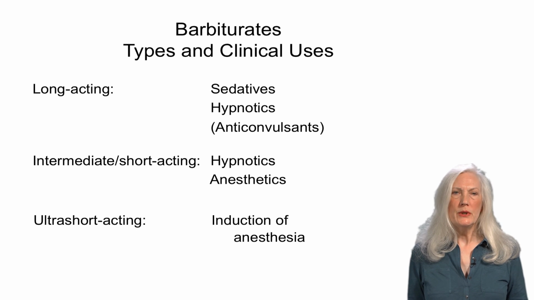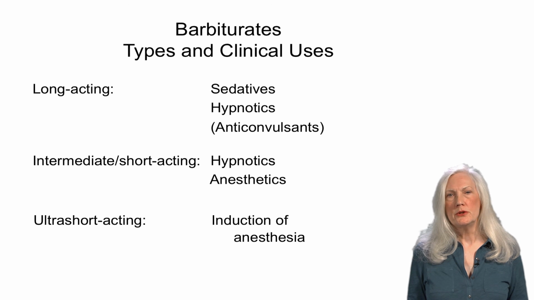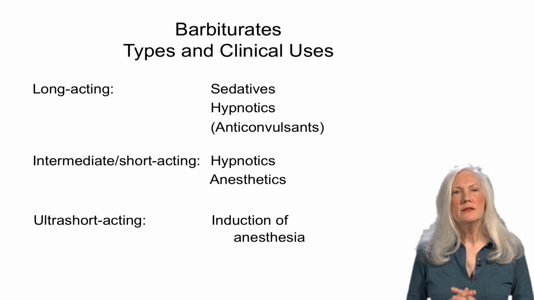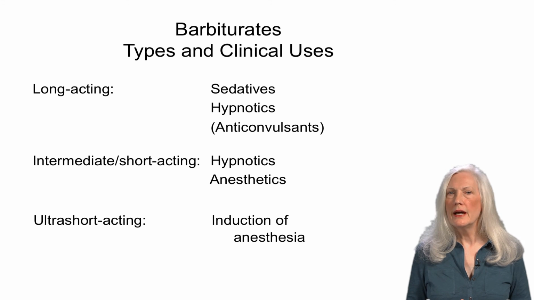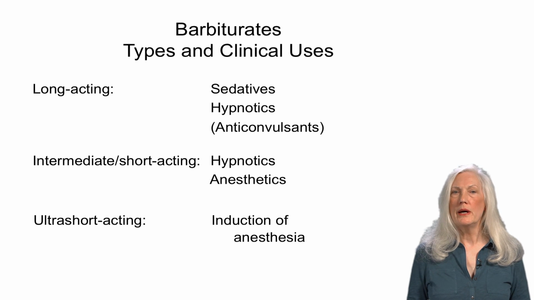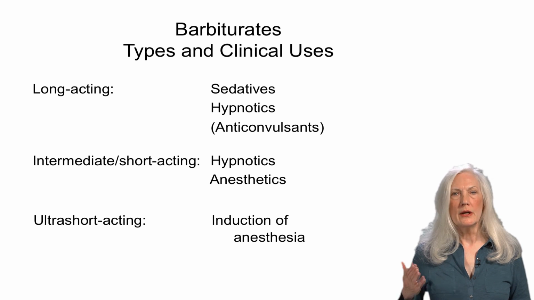Finally, the most recently developed barbiturates have complex molecular substitutions that make them even larger and more lipid soluble. These drugs are the ones that are used as induction agents. That is, they induce an anesthetic effect very rapidly when injected IV. But their anesthetic effect doesn't last long, so they're usually followed by another longer-lasting compound, like a gas anesthetic.